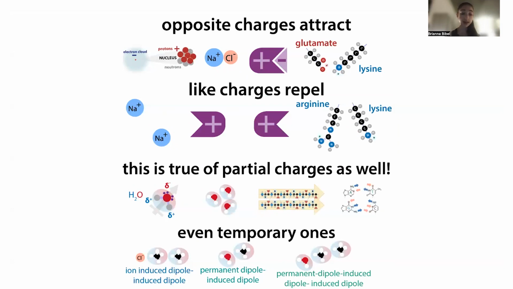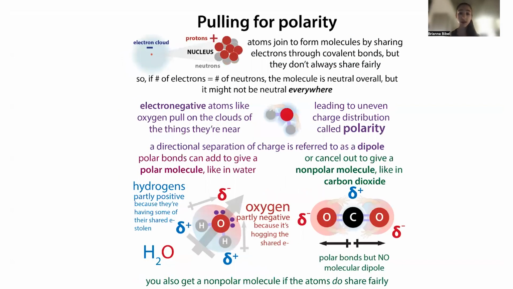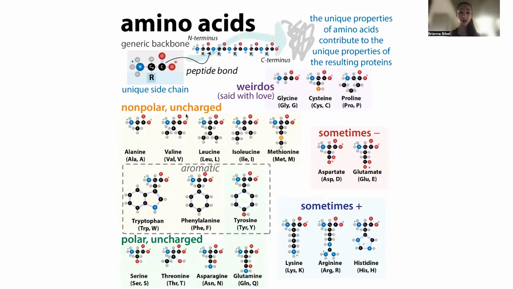And so some of these amino acids are going to be what we call polar. When you have a polar molecule, that's where you get that uneven sharing of electrons. Carbon and hydrogen are going to share pretty fairly, so if you have something that's purely a hydrocarbon, you get something that's non-polar, and these non-polar molecules are going to have pretty fair sharing.